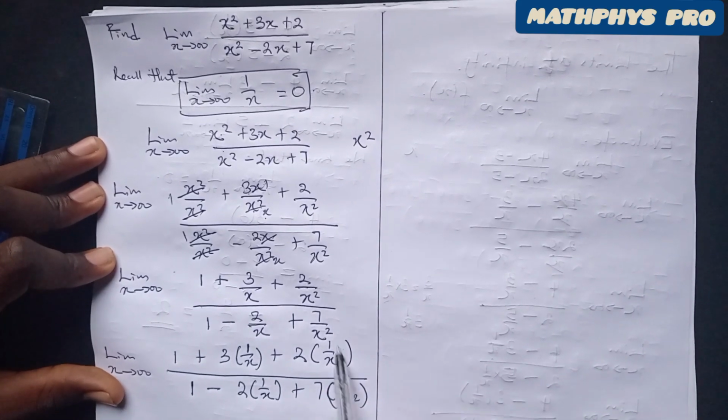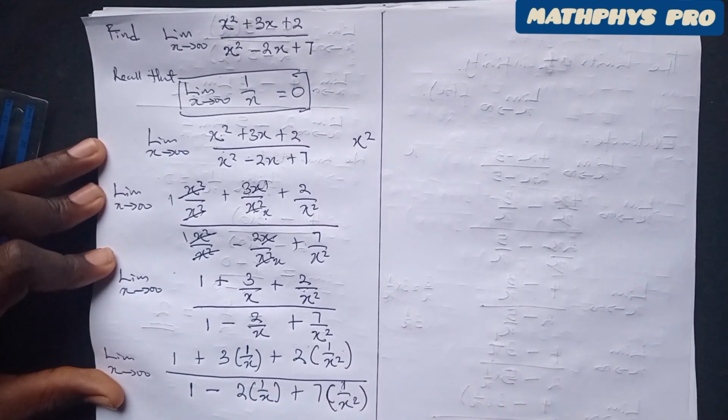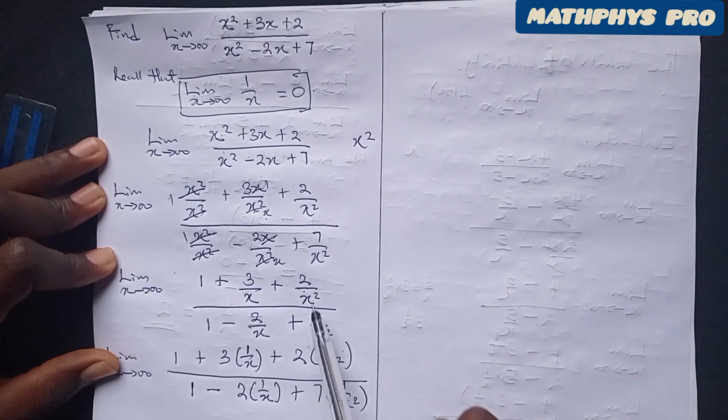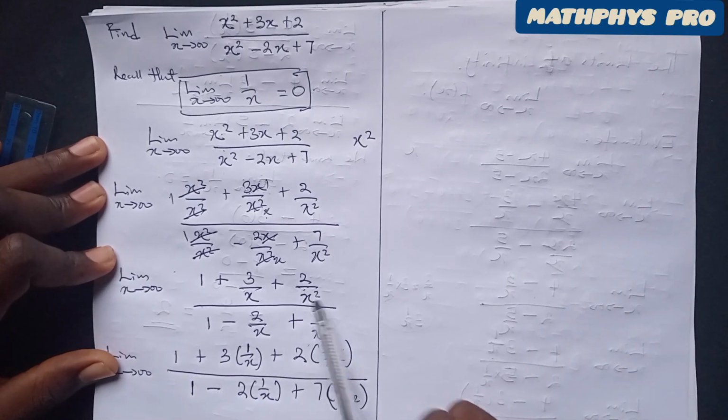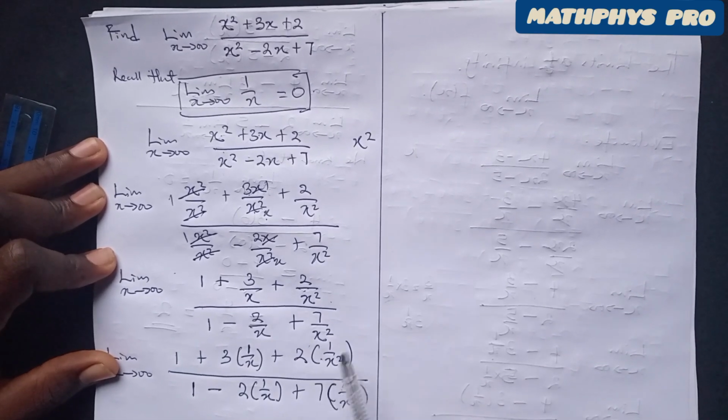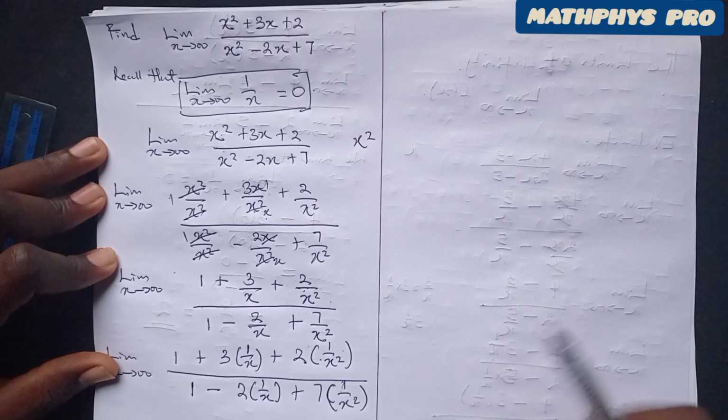I explained how I converted 2 over x squared to 2 in bracket 1 over x in the other example, so you can go back and revise it.